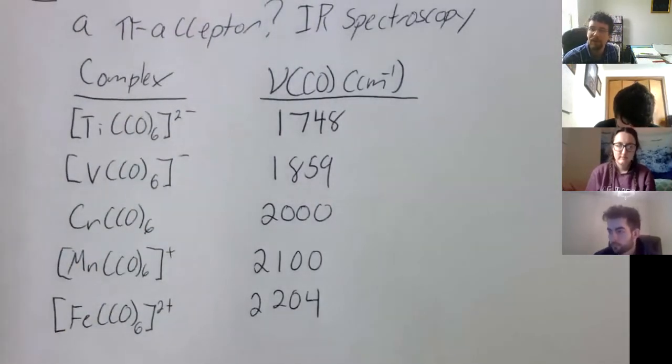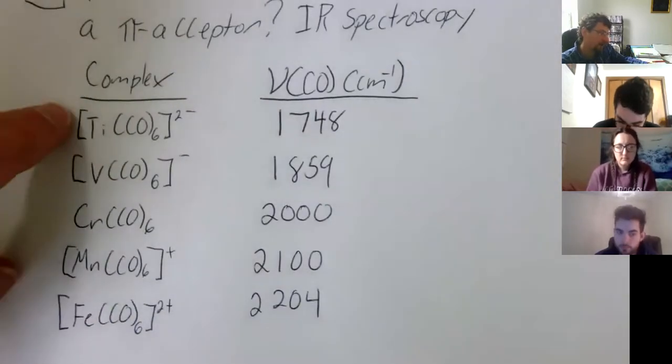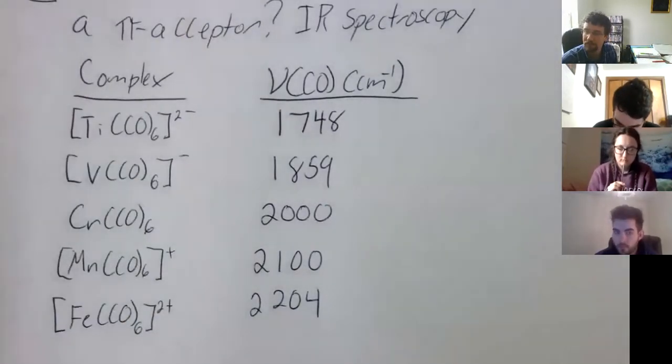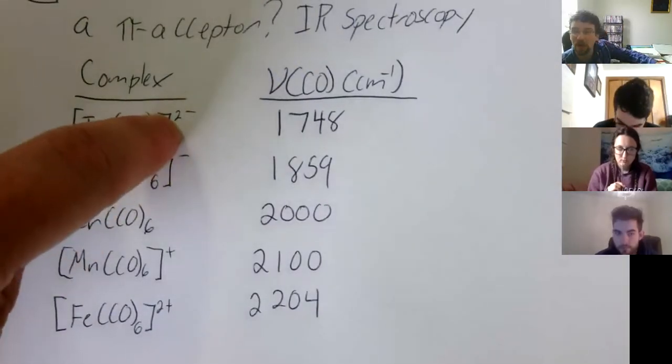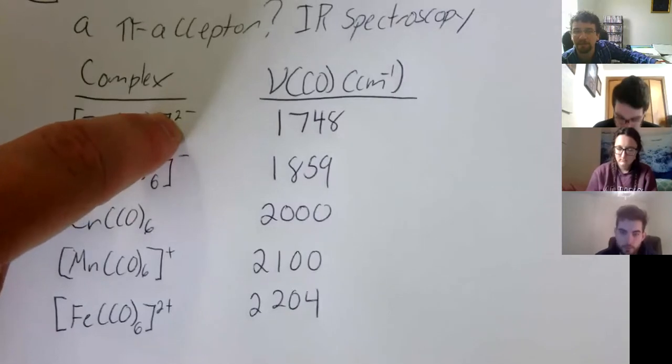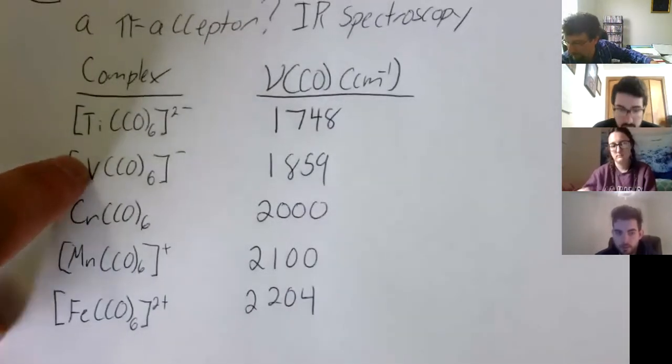How many electrons are around each of these d orbitals? So titanium's going to be 2. Yep, 2, but it's got a 2- charge, so it'd be 4. 4, yep. Vanadium, that's going to typically be 5?